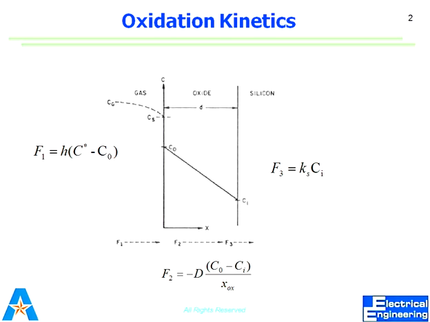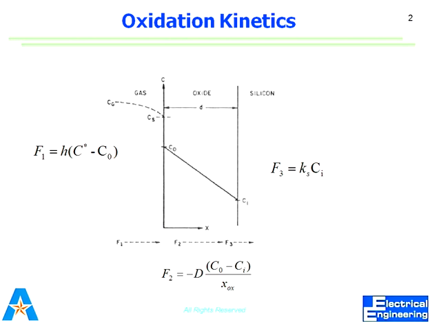So these three, F1, F2 and F3, when you put F1 equal to F2 equal to F3, you are assuming that the system is in equilibrium. In equilibrium means the amount of gas that reaches the surface, the same amount in that time diffuses through the oxide layer, and the same number of molecules undergoes the chemical reaction with silicon. So we say the system is in equilibrium, that nothing is changing. Whatever is coming in, the same amount is going through and the same amount is getting consumed.